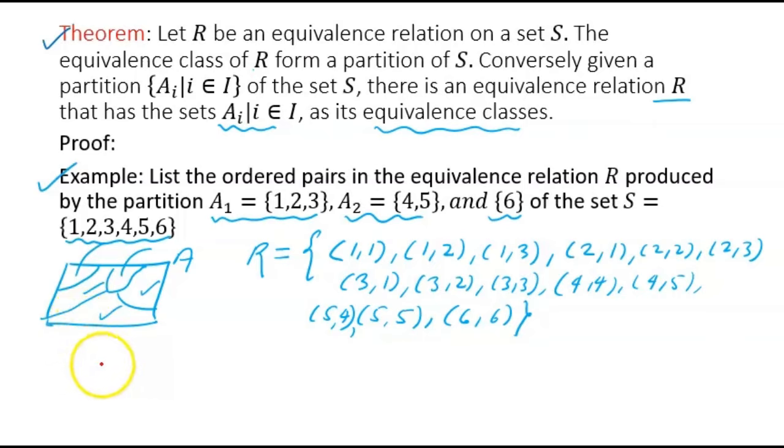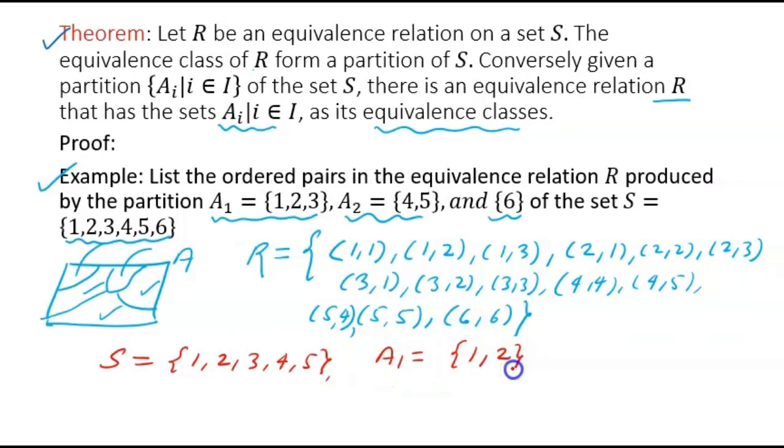Let us take one quick example. Suppose I take another set S which has just 5 elements, 1, 2, 3, 4 and 5, and I write its partition like this: A1 has the two elements 1, 2. Another has two elements 3, 4, and the third, let me call it A3, has the element 5.